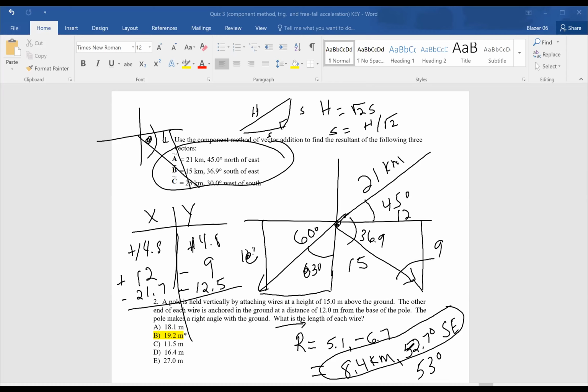So your intermediate answers, like in this case 21.7, you should put that rather than 22. Right here, you should put 12.5 rather than 13.